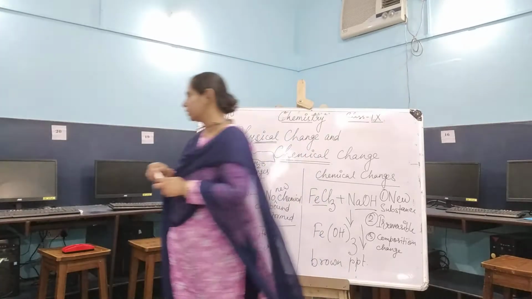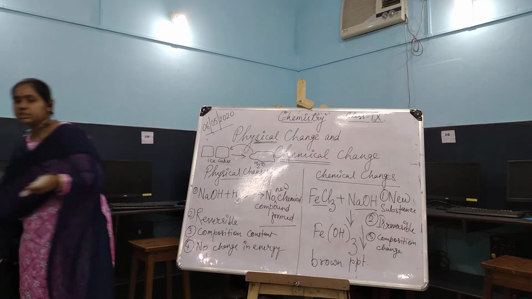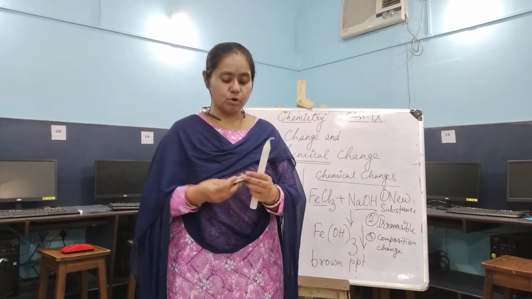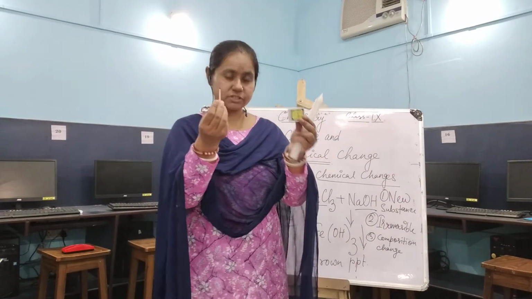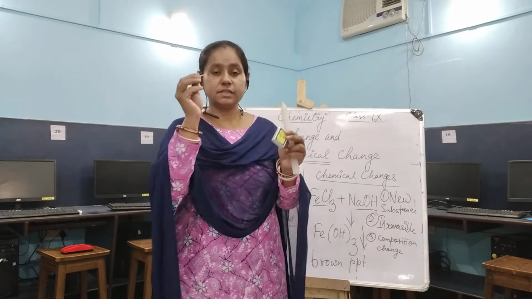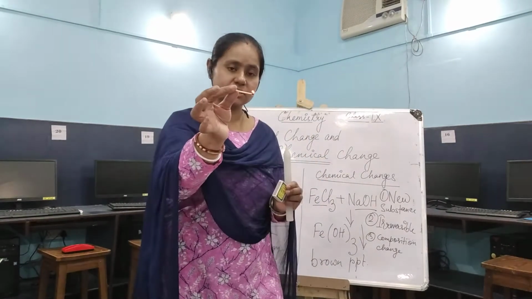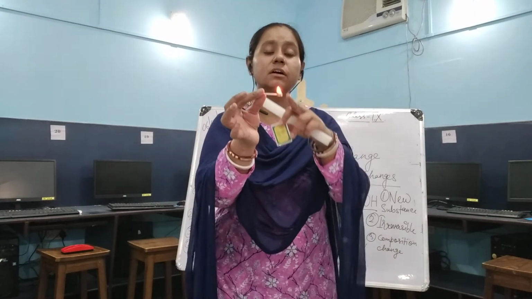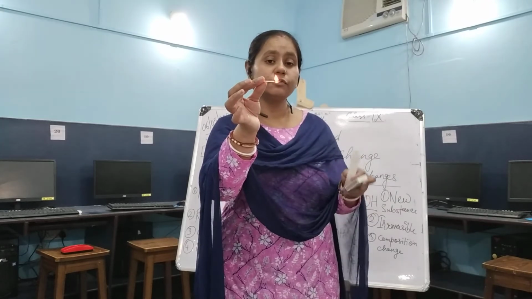Now I will show you one more chemical change. Look very carefully. This is a candle, all of you know it. To light the candle, I'll use a matchstick. Once this matchstick strikes the surface, it is glowing. This glowing matchstick is a kind of chemical change.